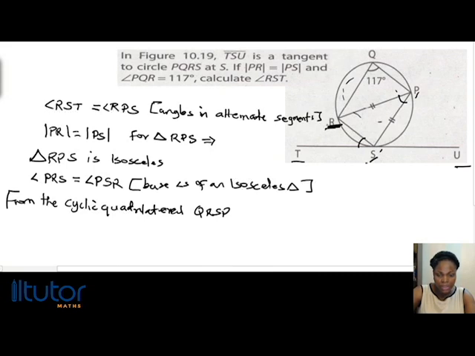From this cyclic quadrilateral, we have a theorem that states that the sum of the opposite angles of a cyclic quadrilateral is 180 degrees.